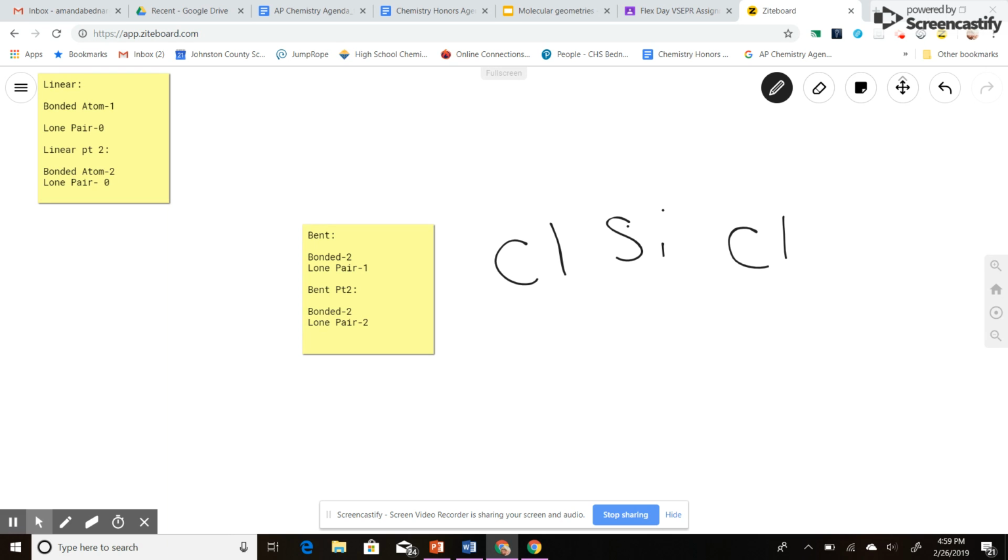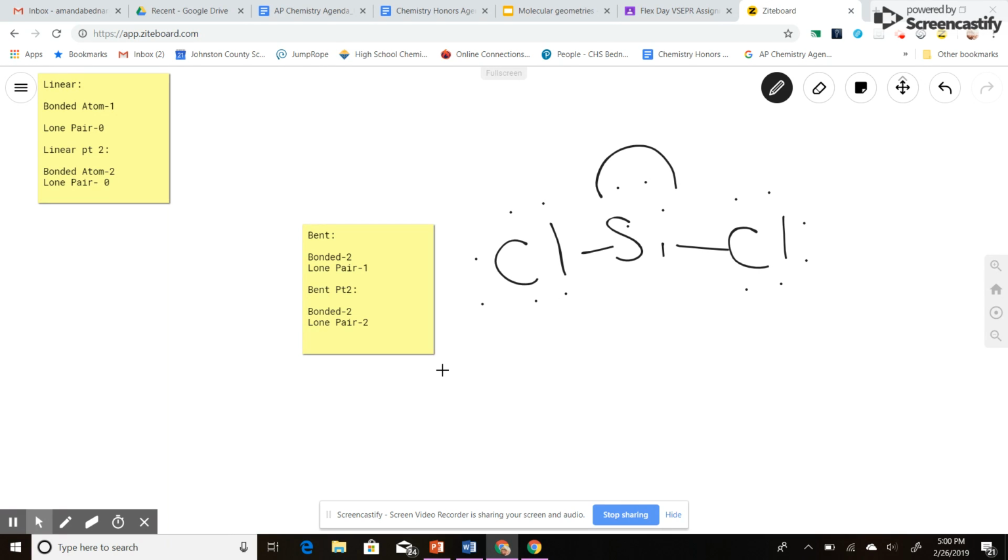And then you have chlorine, which is in group 17, so it has 7. So when I draw out the Lewis structure, it's going to be something like this. And then you're going to have this lone pair right here above silicon. So you have two bonded atoms, one lone pair, and this would be bent. This lone pair right here is pushing down your two chlorines, causing it to have a bent shape.